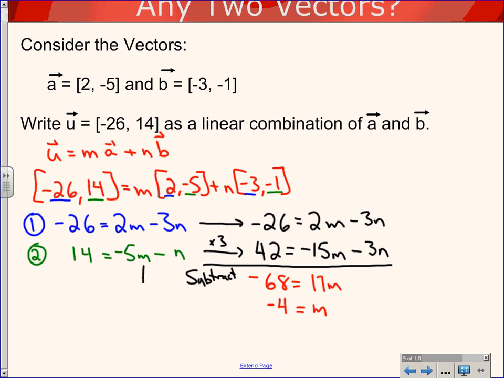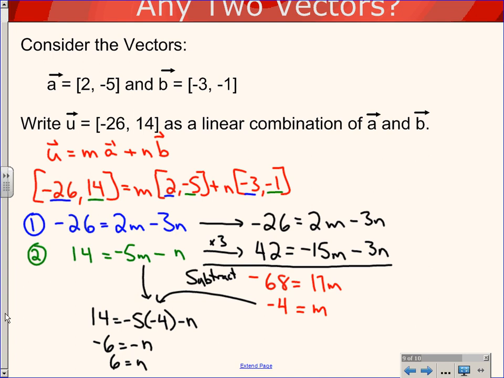I'm going to slide this down. I'm going to substitute the -4 in for m. That'll be a positive 20, so subtract 20 on both sides. So -6 equals -n. So n equals 6.